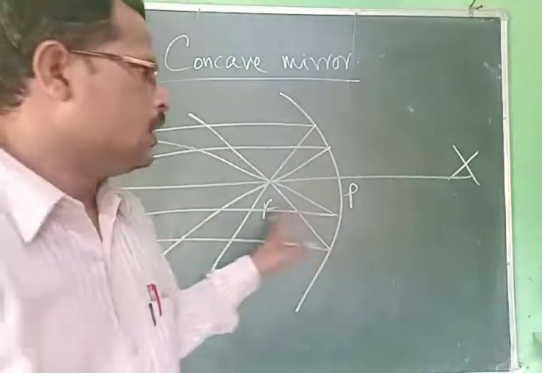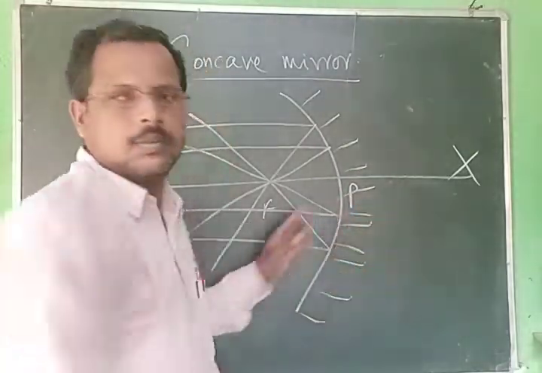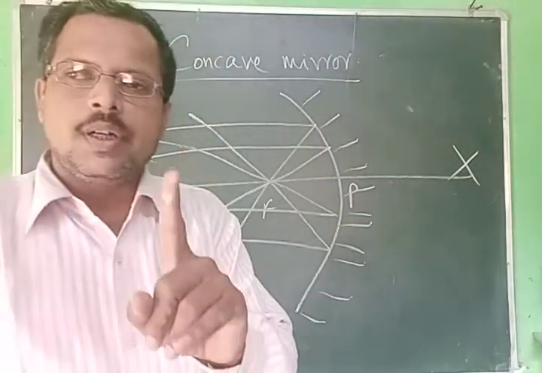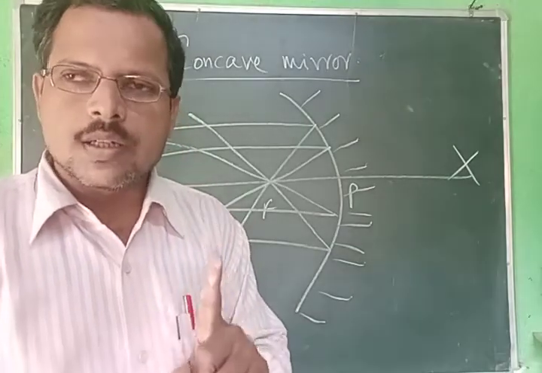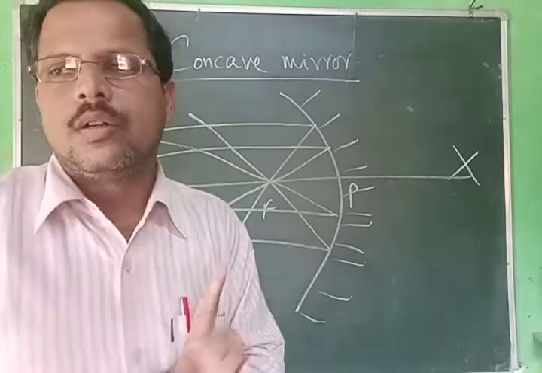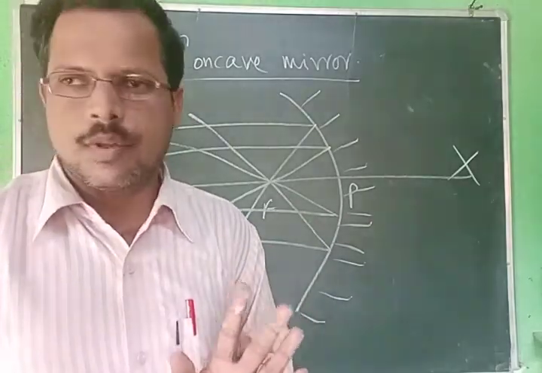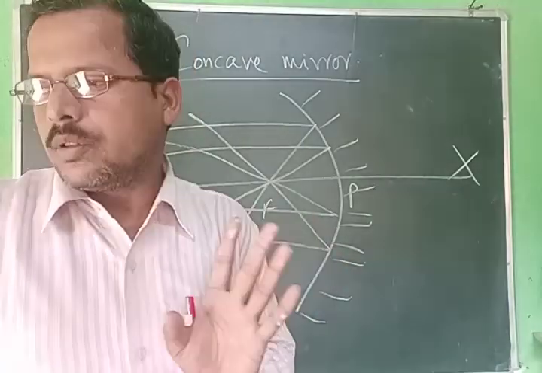This is the back side of the mirror. So first point, any line coming parallel to the principal axis must get reflected through the principal focus. This is the first rule of reflection.